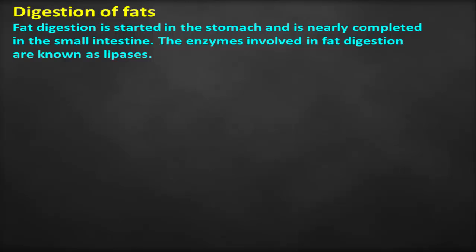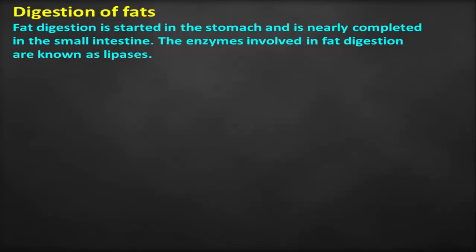Carbohydrates are digested by carbohydrases and proteins are digested by proteases. The digestion of carbohydrates begins in the mouth and is completed in the small intestine, whereas the digestion of proteins begins in the stomach and is completed in the small intestine.